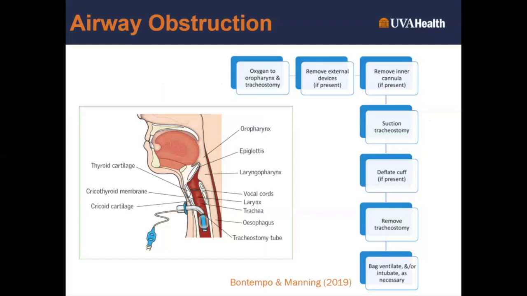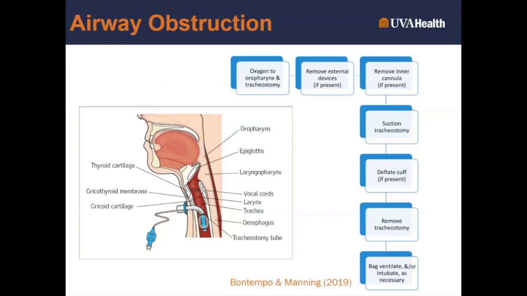Maybe it's just clogged up, it has a lot of goop, something nasty in it, so remove that then. Then you'll move to suctioning the tracheostomy itself. That's through the outer cannula. You'll go in and suction. This way, if there's goop hanging on the end or out around the trach itself, you can get all of that stuff up.